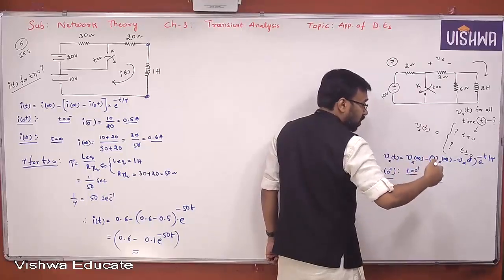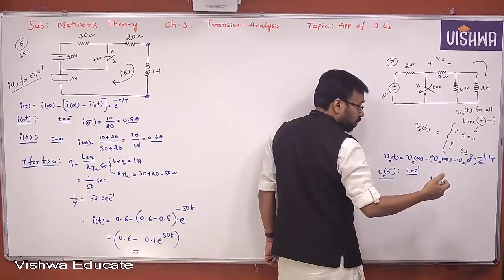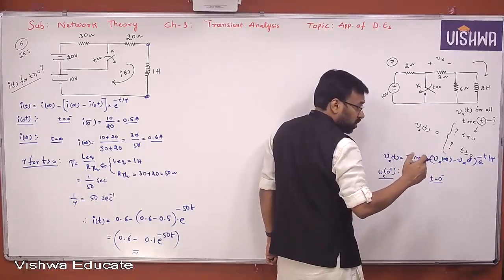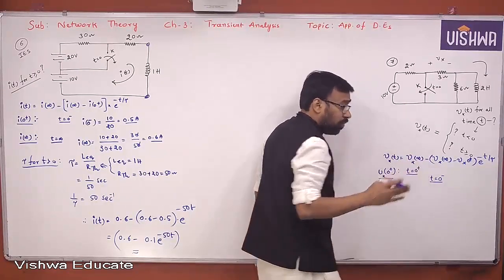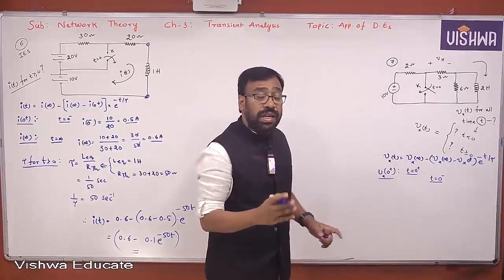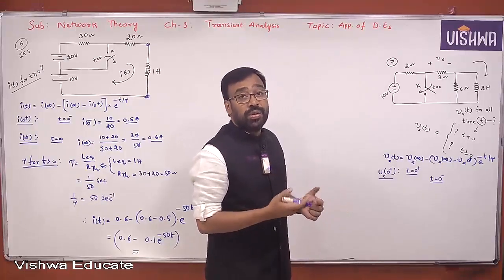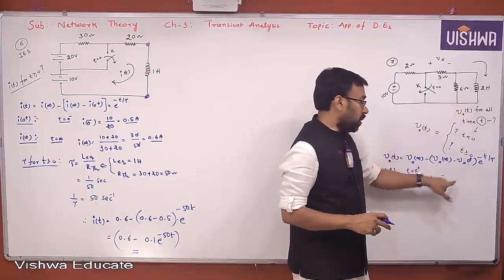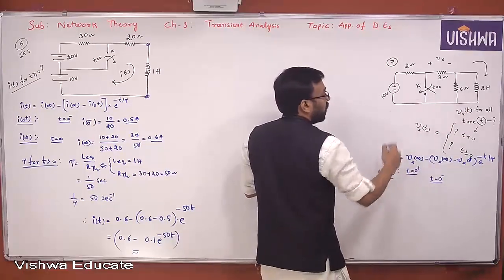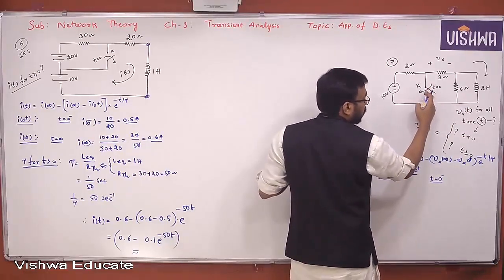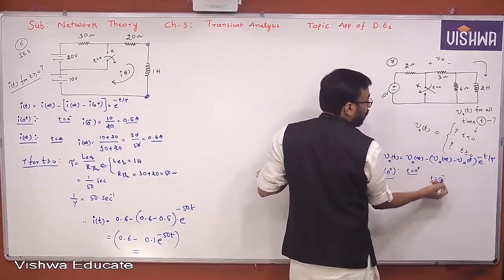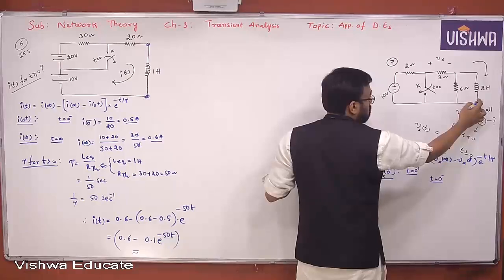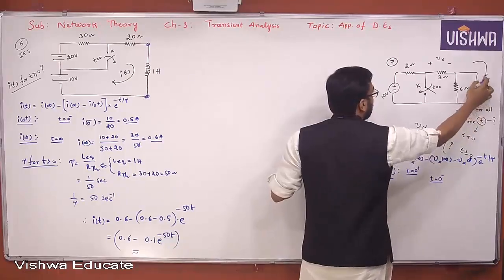What is the procedure to find voltage across the resistor at t equal to 0 plus, other than voltage across the capacitor? Definitely you have to go for step 2, yes or no? For that, in step 1, you require the current through the inductor at t equal to 0 minus. So what is the value of it? Initially, at t equal to 0 minus, the switch is open. The inductor is acting like a short, and our objective is to find the current through the short circuit here.